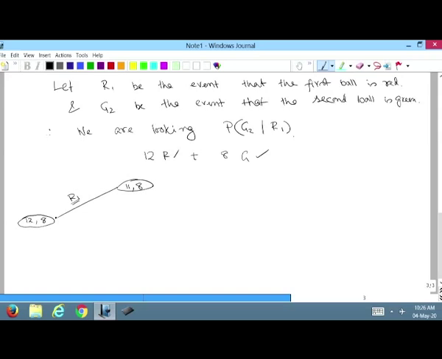Therefore, now if G2 happens, the configuration is going to be 11, 7. Therefore, probability G2 given R1 is equal to choosing one of the green balls out of the total of 19 balls. Therefore, it is going to be 8 upon 19.